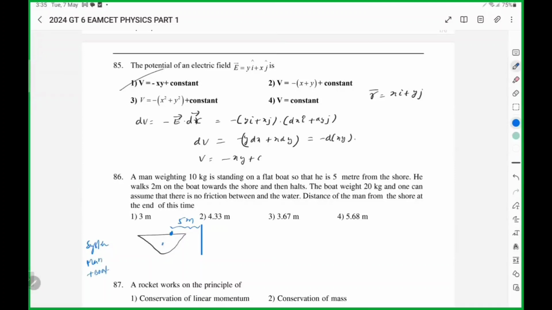The boat plus man center of mass will be somewhere there. So this is the center of mass. Suppose the man starts moving in this direction. The man is a part of the system, which means there is no external force.